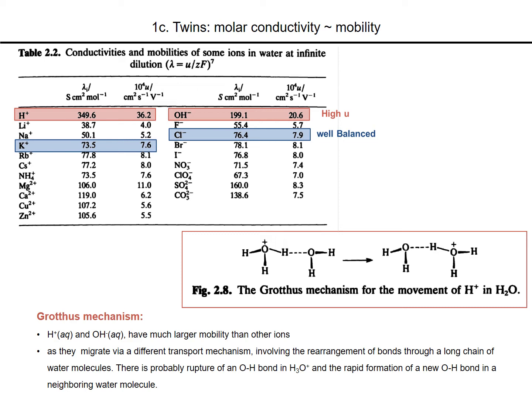It's time to talk about the extraordinary value of proton and OH minus. The mobility of H plus is 36.2, which is much higher than the mobility of the others. The same for OH minus. Why?